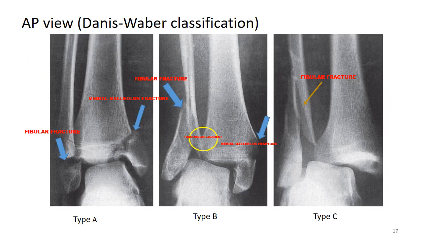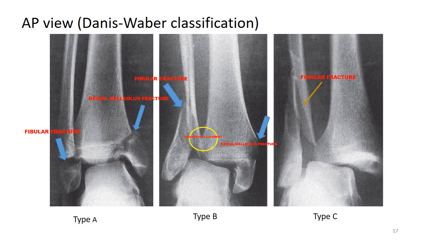So this is the anteroposterior view of X-rays for the ankle based on Dennis-Weber classification. In the first picture, this is the type A Weber classification. There is presence of fibular fracture below the syndesmosis, and there is presence of oblique fracture of the medial malleolus.